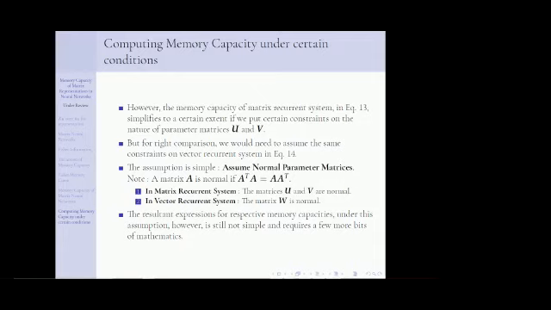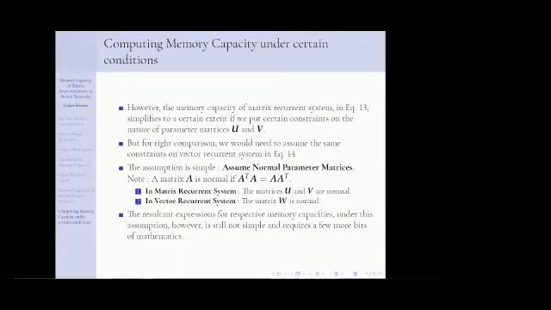Okay, so we are on the last slide now. The resultant expressions for the respective memory capacities under this assumption are actually still not simple. So you can see, even after so many assumptions and simplifications, the memory capacity is still very difficult to calculate. We are under a very strict assumption that parameter matrices are normal, which of course they might not be when you finally train your recurrent network.